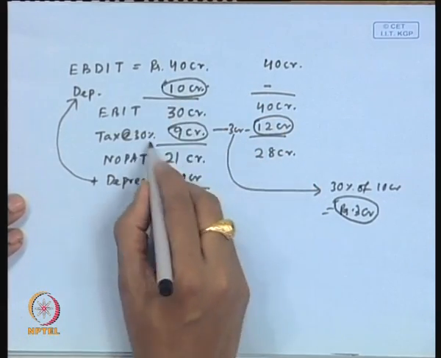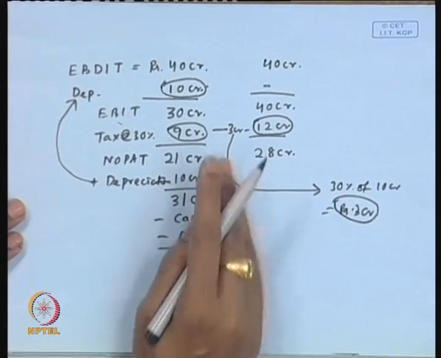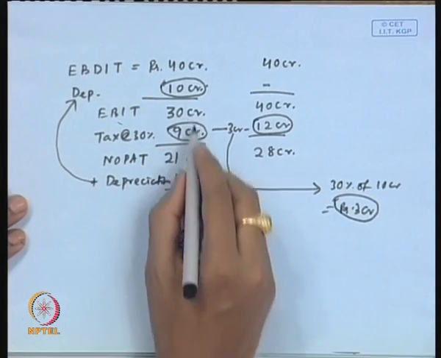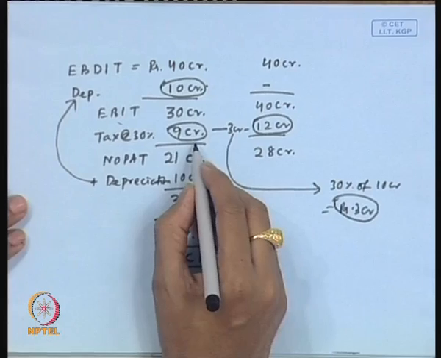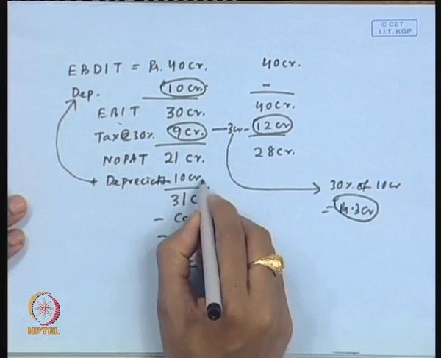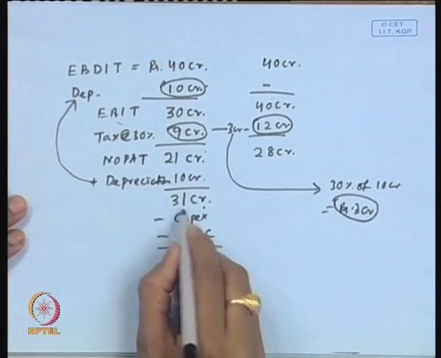Since the depreciation does not involve any cash outflow, it is only a book entry in the books of accounts, and it takes care of reducing tax as such, depreciation is added back to find out the cash flow of 31 crore.